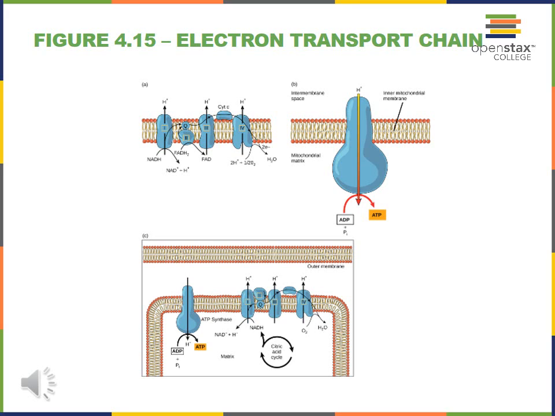All right, this is the free energy from a series of reactions and is used to pump hydrogen ions across a membrane. And then basically we are slowing down a reaction. If you look at the next slide, I think this picture will make a little bit more sense in how an electron transport chain works.